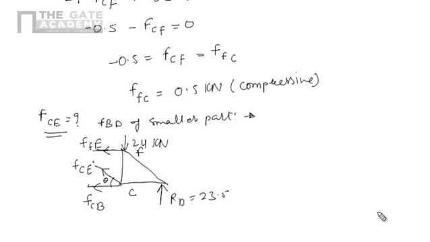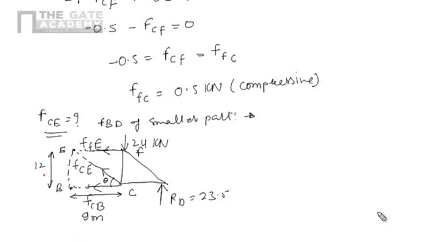Now we can easily see that if we extend this, we will get the point E, and if we extend here, we will get the point B. We know this is 12 and this whole thing is 9 meter. So we can easily find cos theta and sin theta here.